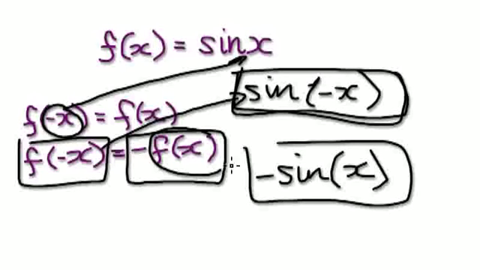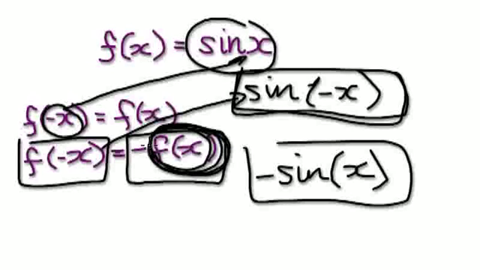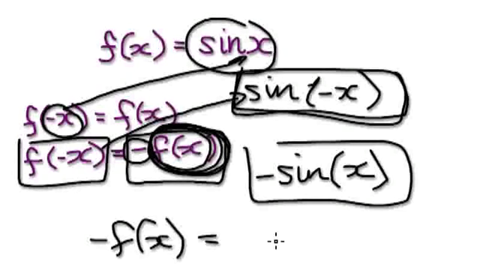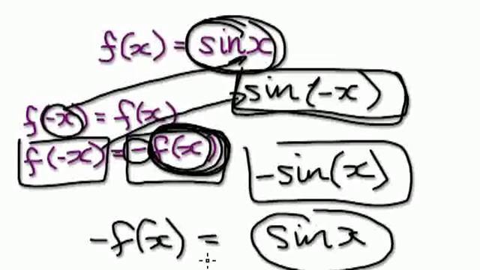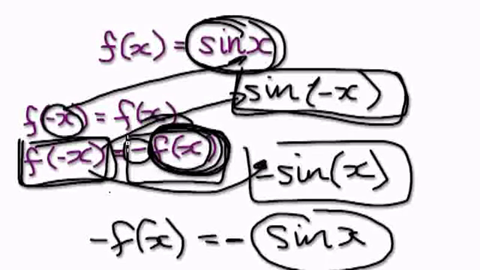This transformation means get the whole function and then stick this negative in front. So when you apply this transformation, it becomes the function intact, and then a negative in front of it. So applying this transformation gives us this, and applying this transformation gives us this.